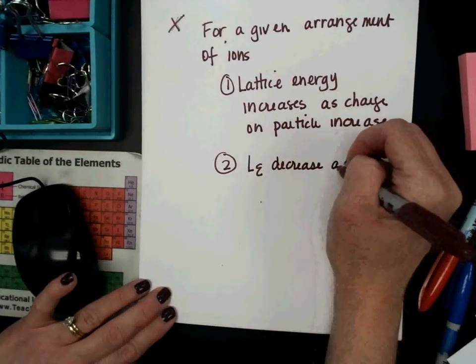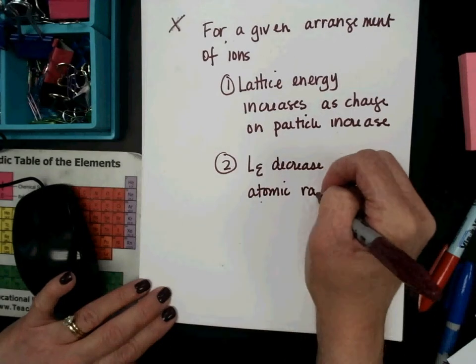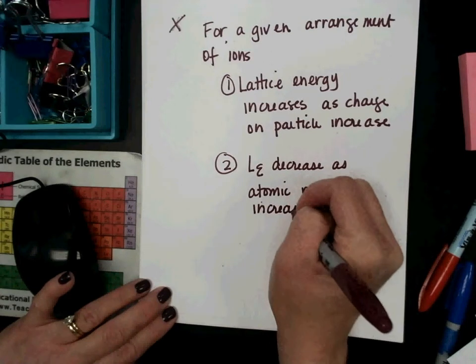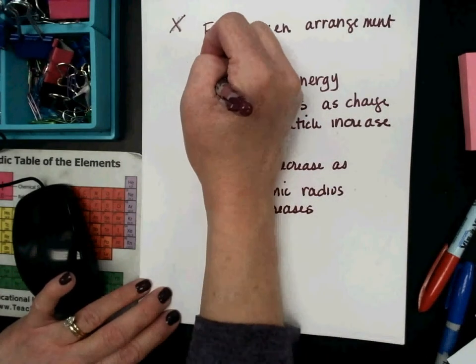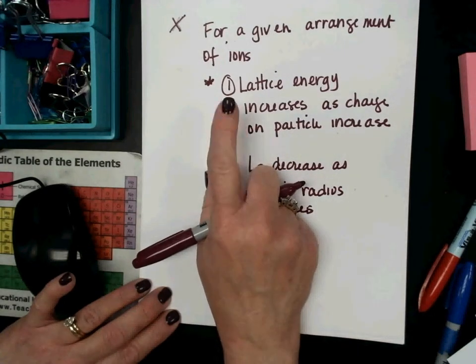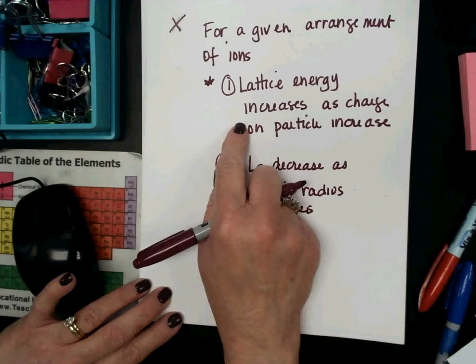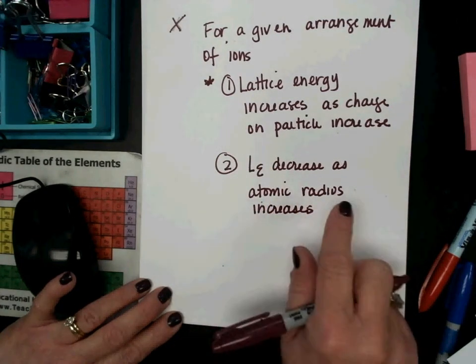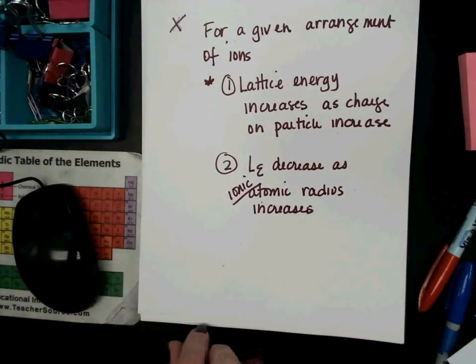would decrease as atomic radius increases. This one, the second, is not nearly as important as this is. This tells us more. It depends more on the charge, because ionic radius or atomic radius, either one, I should really clarify that.